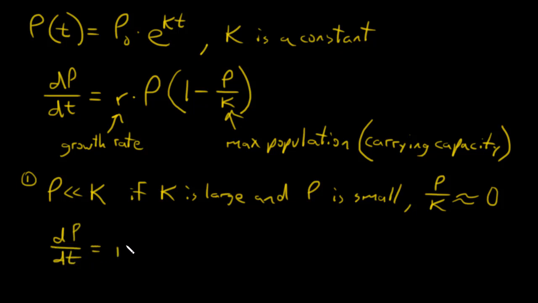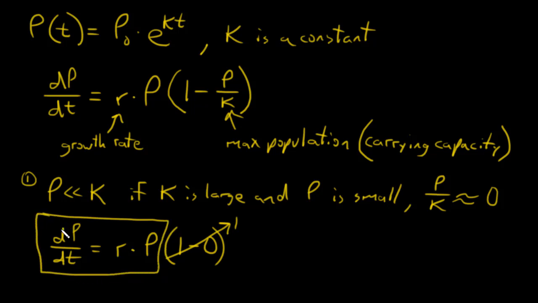So if that is the case, then we're going to wind up with dp over dt is equal to our rate times population times 1 minus 0. Well, this is just a 1, which means we get back the original unbounded differential equation that we started with, which makes sense.